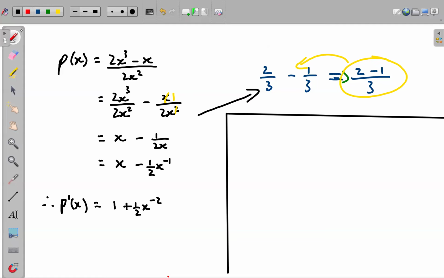Suppose I've got an expression which I call K, and it is given as x squared minus 1 over x plus 1.